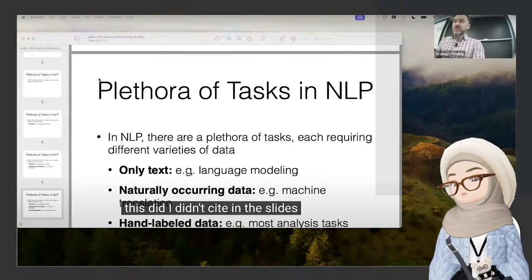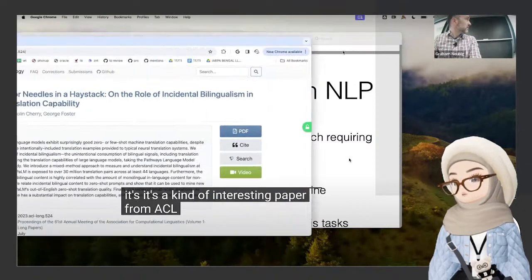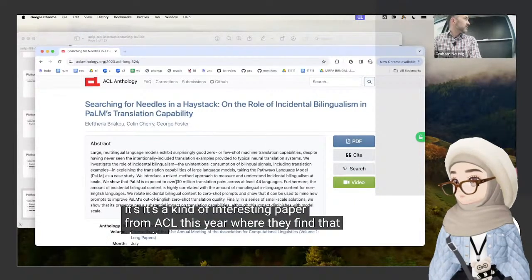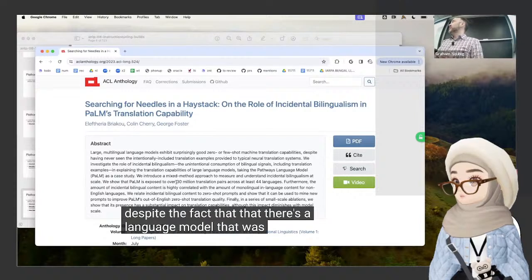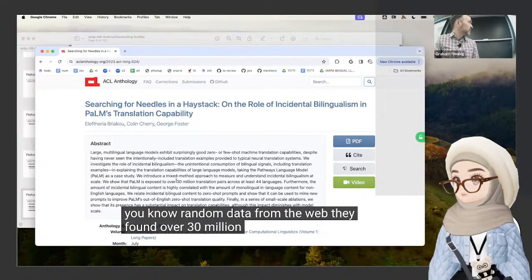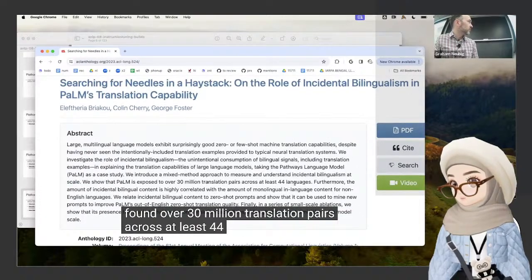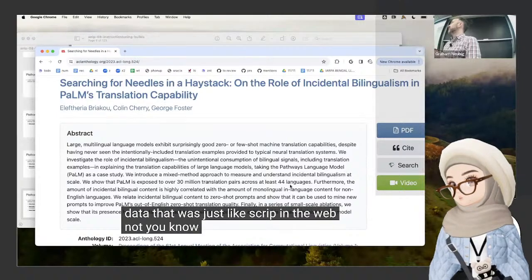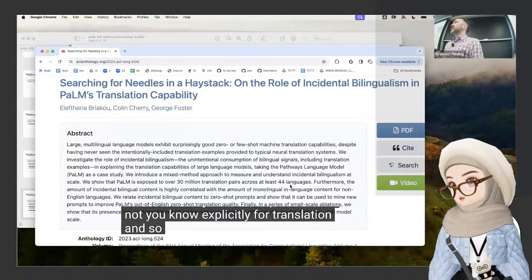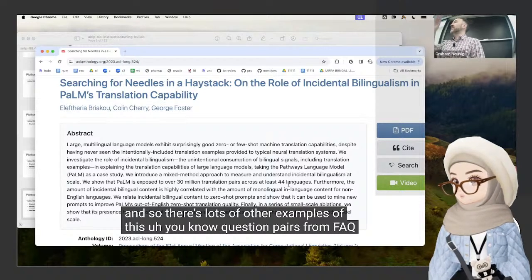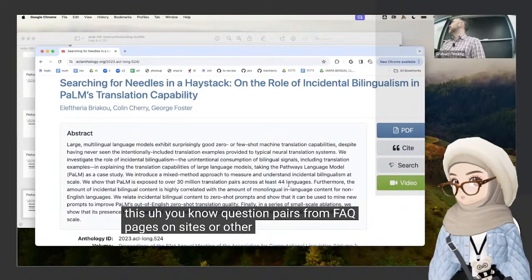It's a kind of interesting paper from ACL this year where they find that, despite the fact that it's a language model trained on just random data from the web, they found over 30 million translation pairs across at least 44 languages in data that was straight from the web, not explicitly for translation. And there are lots of other examples of this, like question answer pairs from FAQ pages on sites, or other things like that.